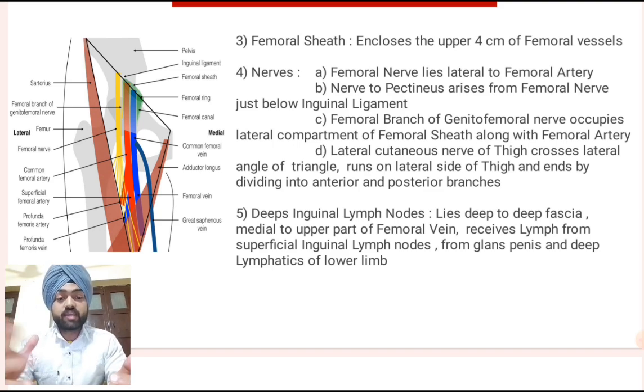So once again, it crosses the lateral angle of the triangle, runs on the lateral side of the thigh and ends by dividing into anterior as well as posterior branches.